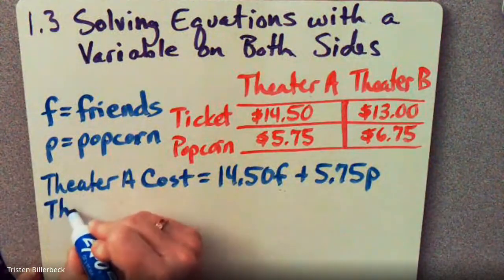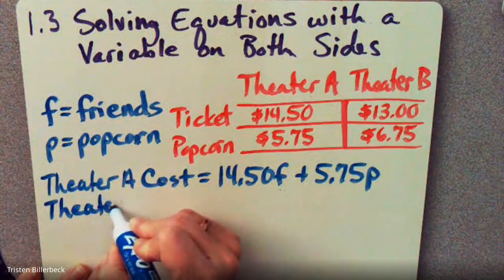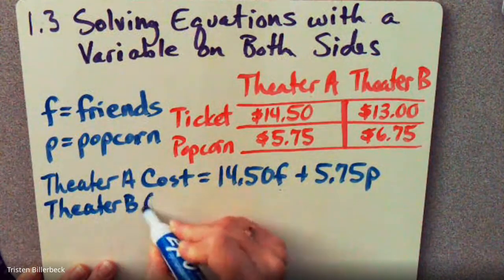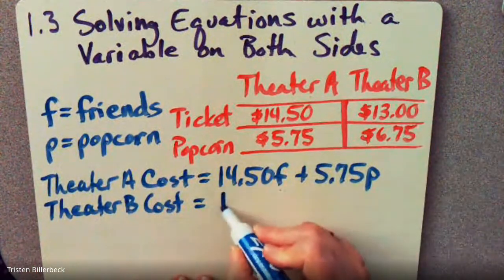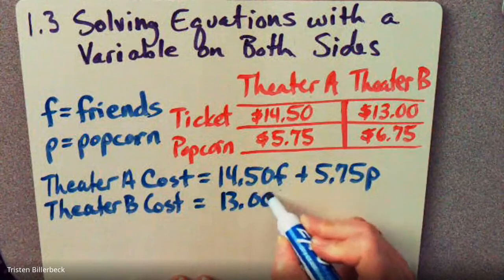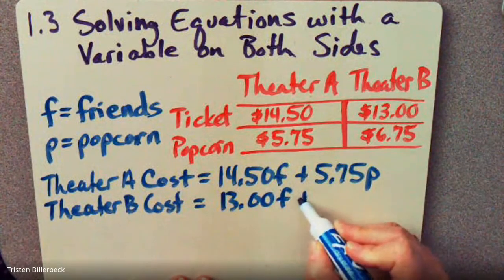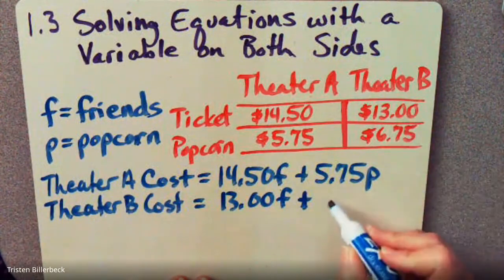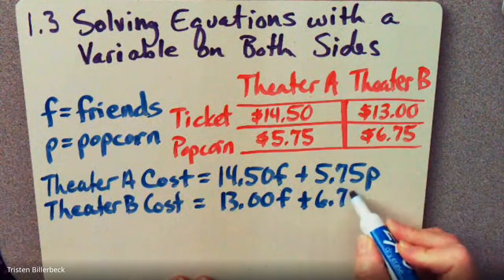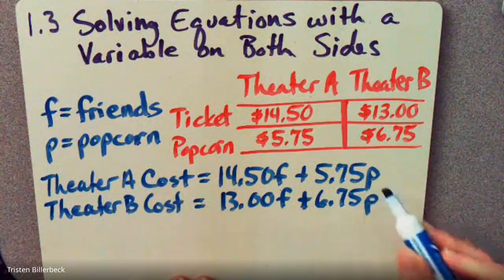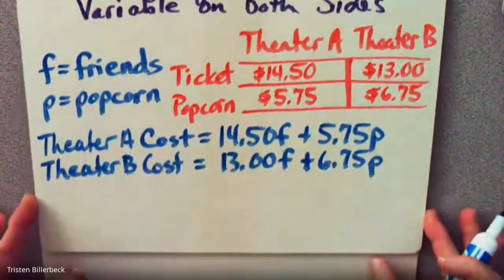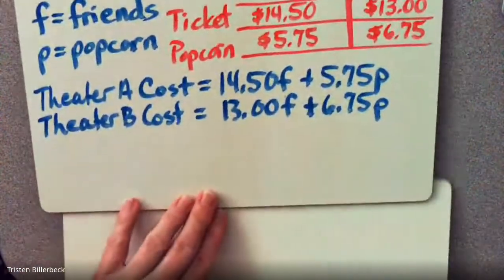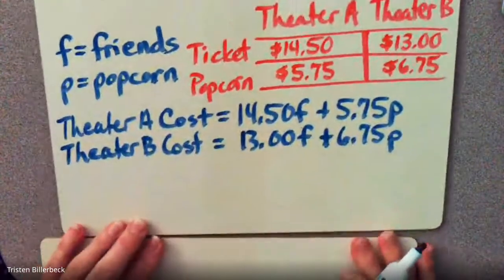Theater B cost is going to be $13 times the number of friends, plus $6.75 times the number of popcorn containers we buy. Those extra larges are always such a deal, aren't they?